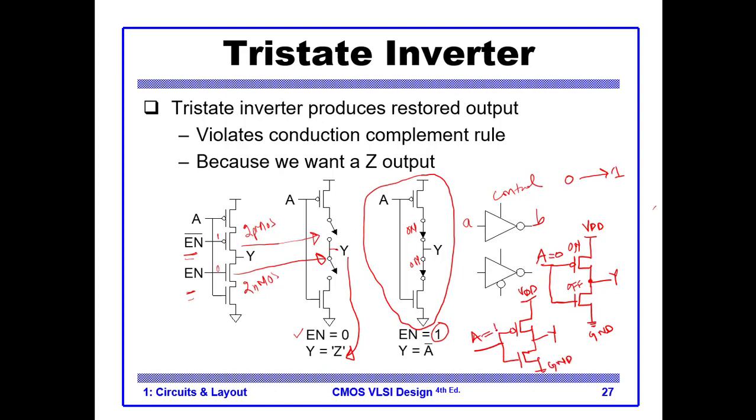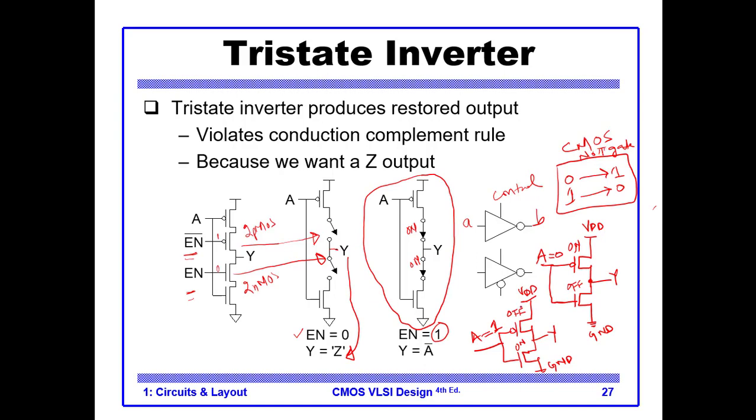Imagine we gave it 1 as an input. So now for 1, this is off and this is on. In that case, the ground will be connected to Y. So if we gave it a 1, it gives us a 0. So this is basically a CMOS NOT gate.